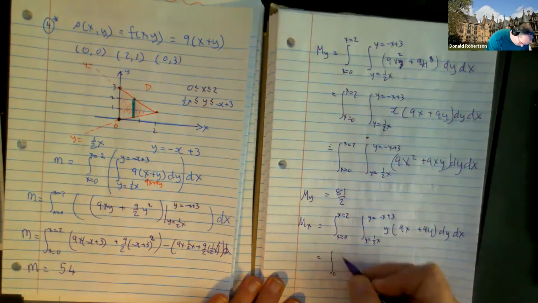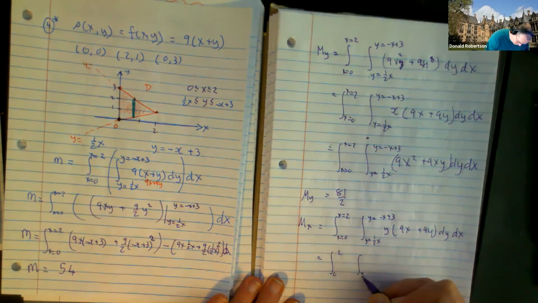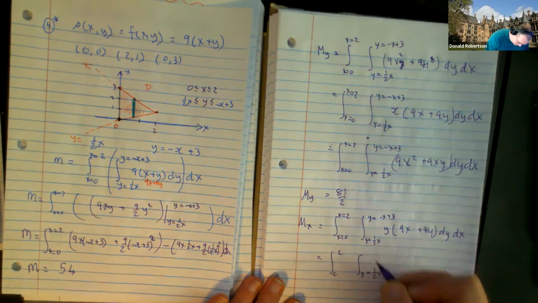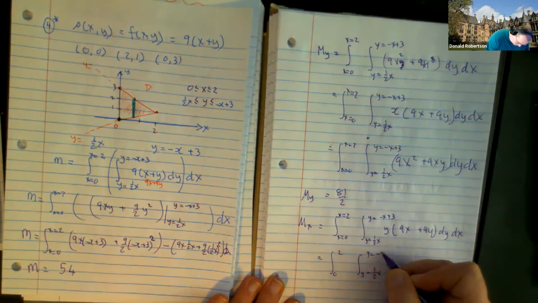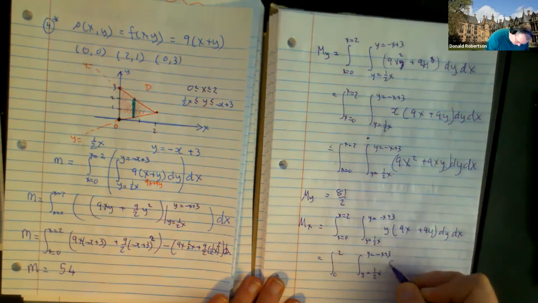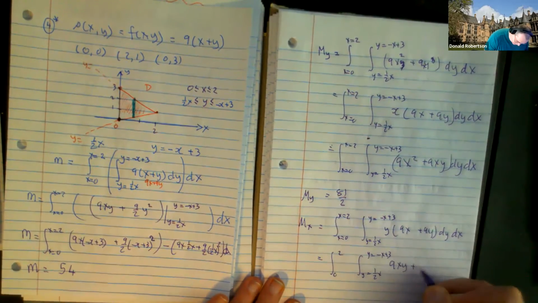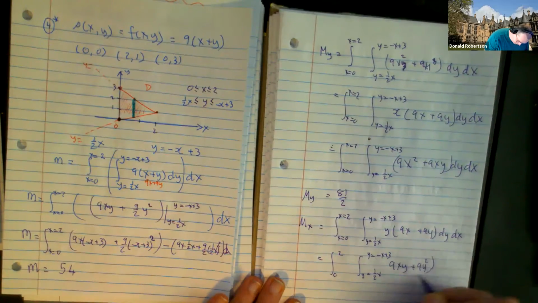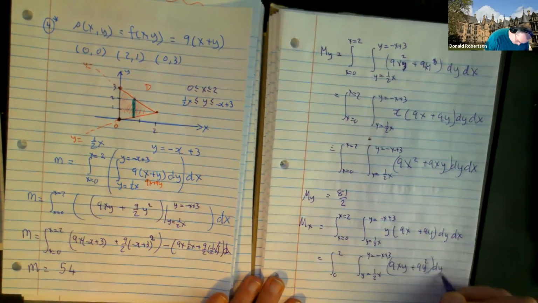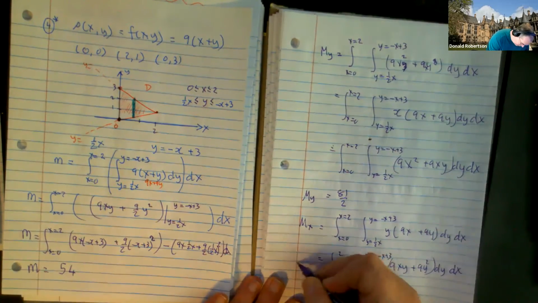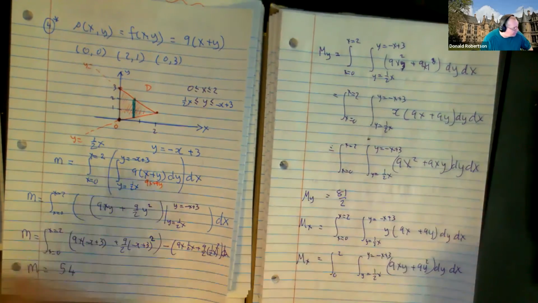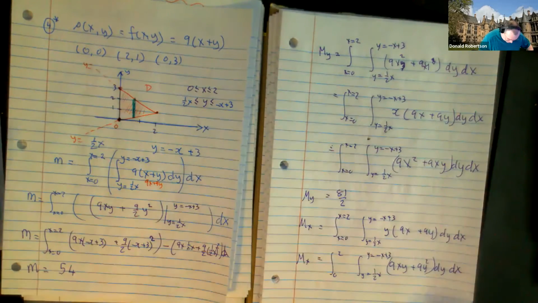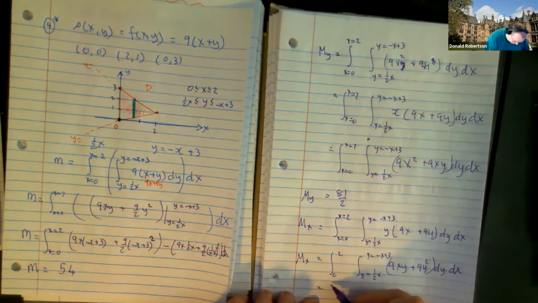So it's going to be 0 to 2, 1/2 x, negative x add 3, and it would be 9xy plus 9y squared. And that again will take you a good 5-10 minutes. And again, I'm going to cheat. And this time the answer is 81.